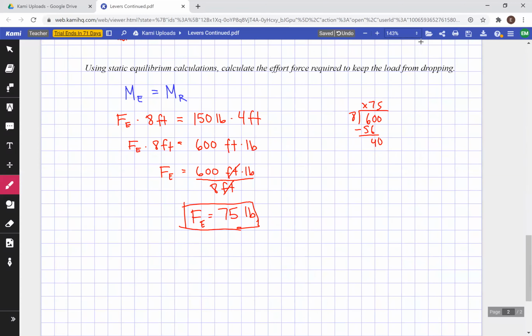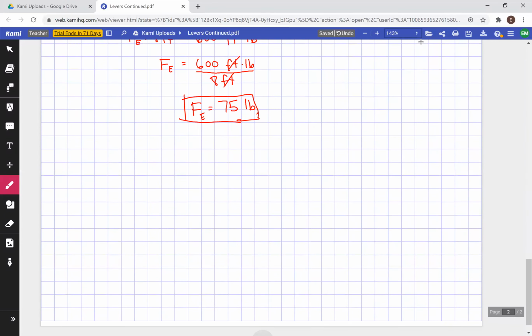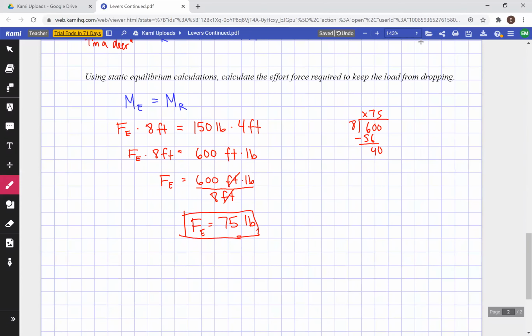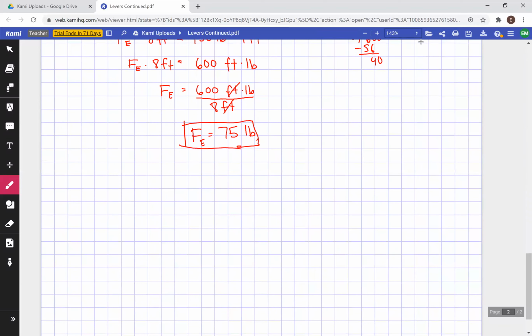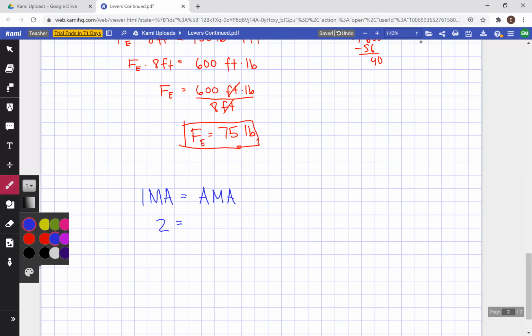Now, another easier way that we could have done this, they asked us to use the static equilibrium, so that's what we did. But because the ideal mechanical advantage is equal to the actual mechanical advantage, and we know that the ideal mechanical advantage was just 2, the actual mechanical advantage we calculate, you can use the acronym AMI free.